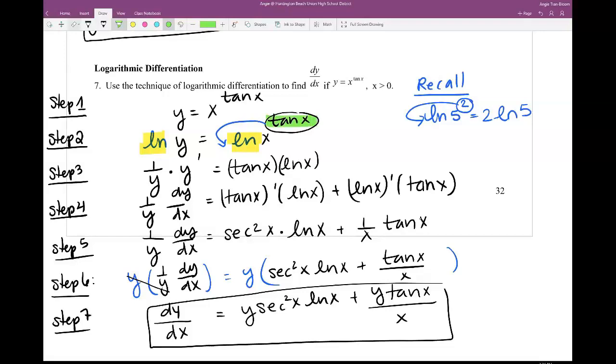That's the whole reason why we are using natural log or log. The reason we want to make it multiplication is so that we can use the product rule. If we leave it in its original format, you can't really take the derivative. So that's why we're manipulating with natural log.